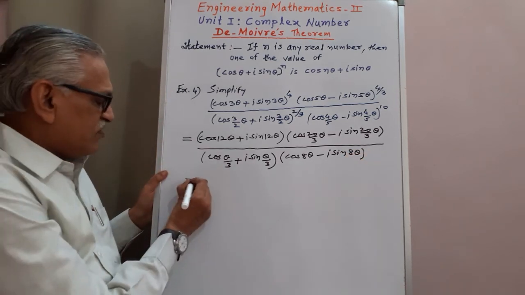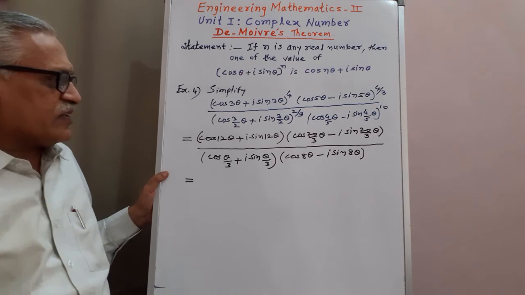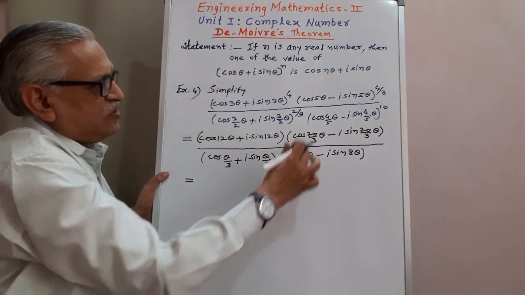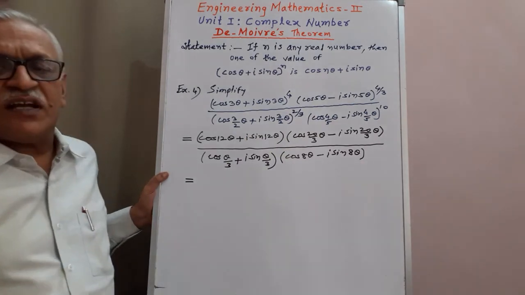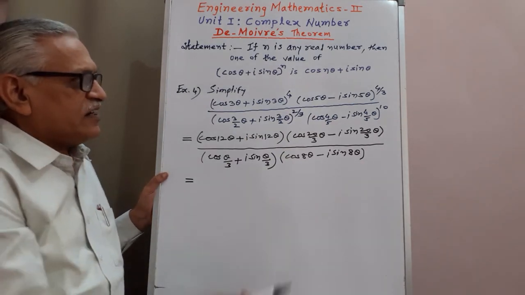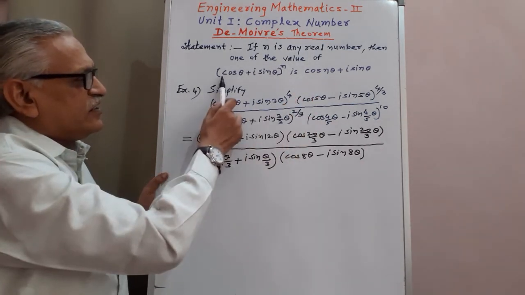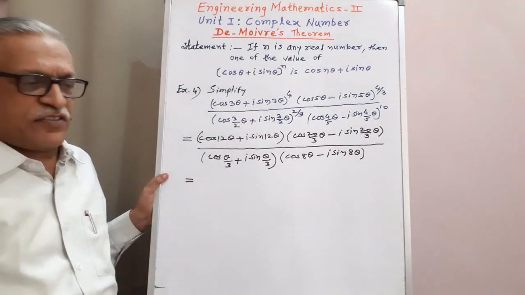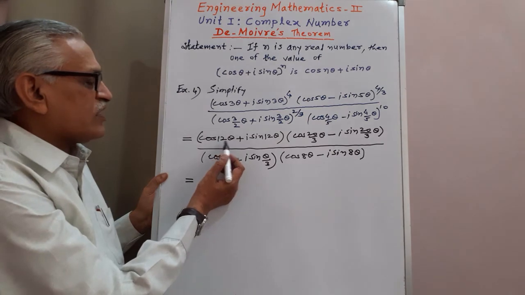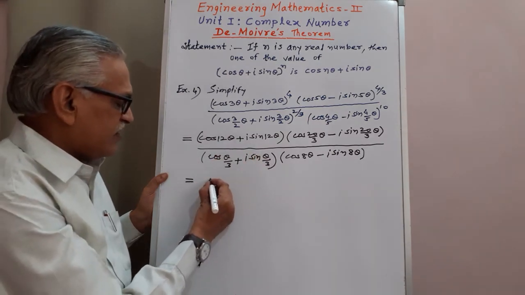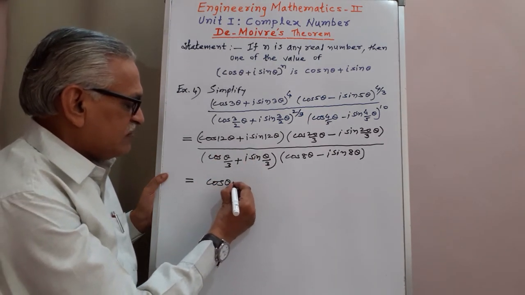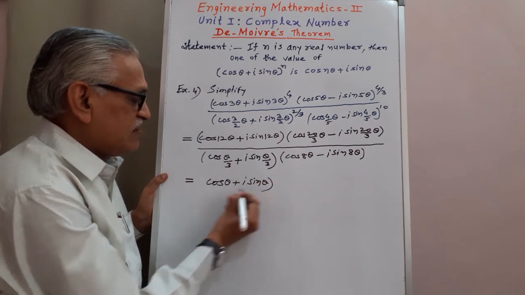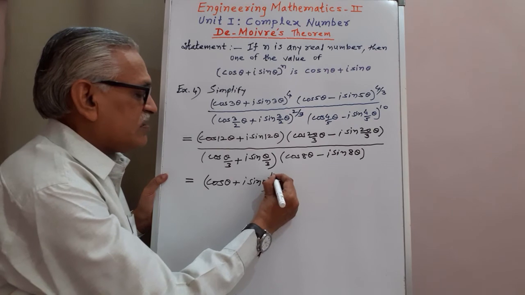And then we can simplify it further. We can use this theorem in the reverse way also. If we have a term of the type cos nθ + i sin nθ, then it is equal to (cos θ + i sin θ) raised to n. Here n is 12, therefore we can write this as (cos θ + i sin θ) raised to 12.